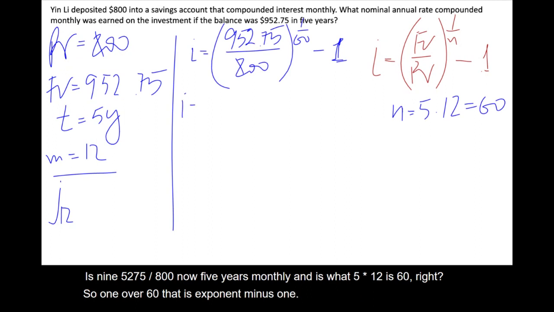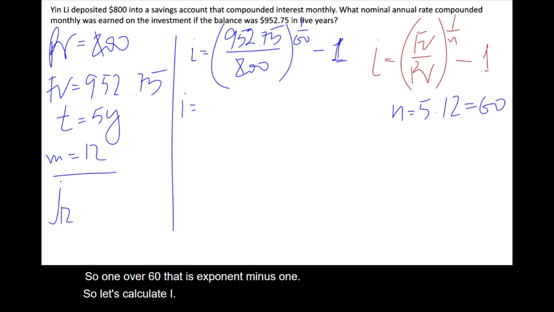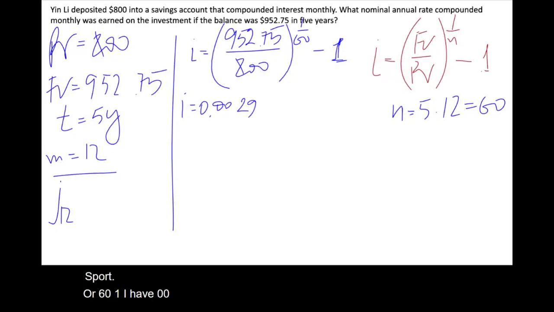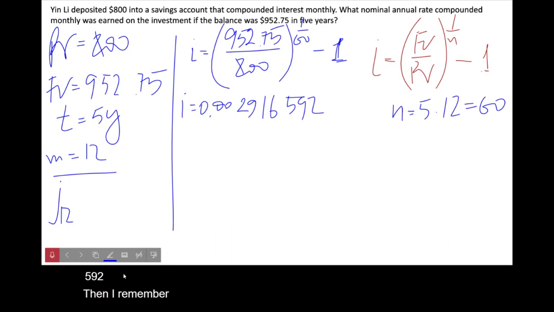So 1 over 60, that is the exponent, minus 1. So let's calculate i. 952.75 over 800, exponent 1 over 60, minus 1. I have 0.002916592. And I remember that I need to perform one more step, right? What is it?